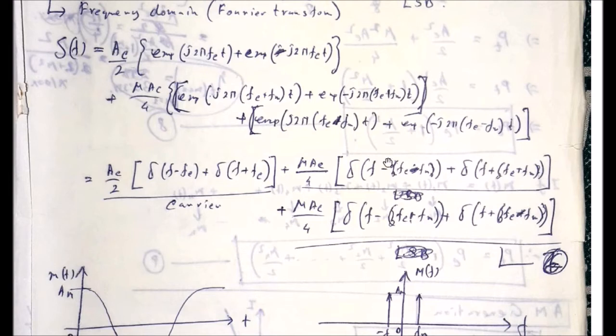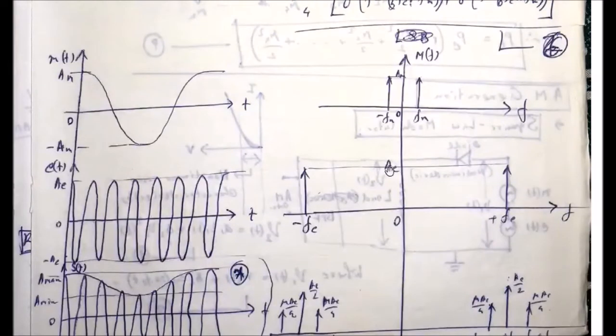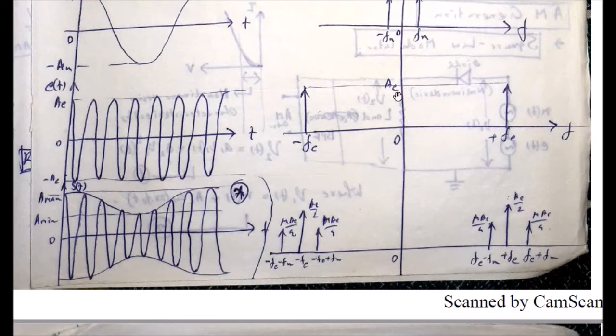Do this on your own, and plot those in the frequency domain. This is fm, that is the message signal. It has the amplitude of Am, and on the minus frequency axis, minus fm, there will be one notch there. The carrier should be centered at fc, and here it should be minus fc.